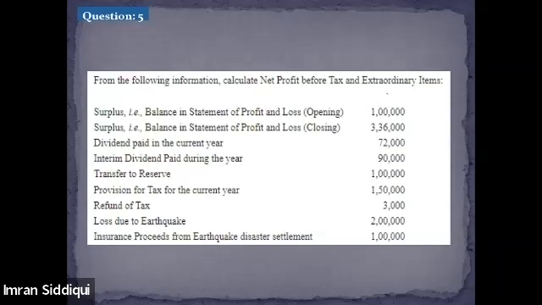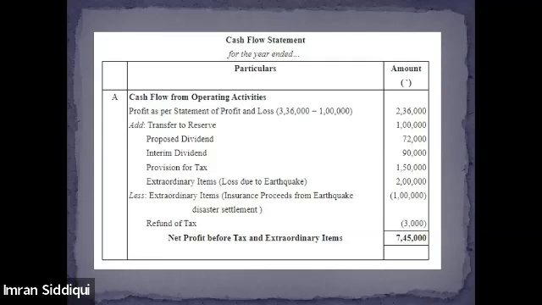Okay. So just a second. Let me show you the solution. In fact, profit as per the profit and loss is given as 2,36,000. We will be adding transfer to reserve, proposed dividend, interim dividend, provision for taxes, loss due to earthquake, and subtracting the insurance proceeds from the earthquake.